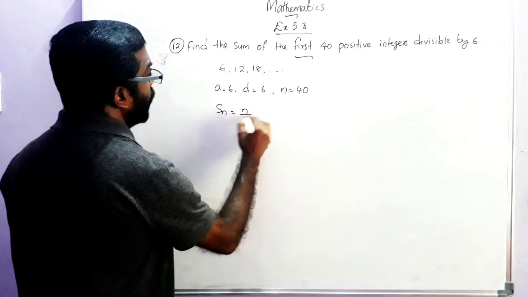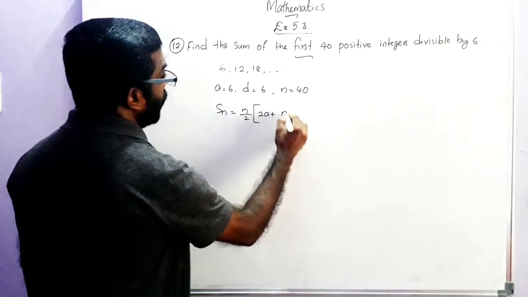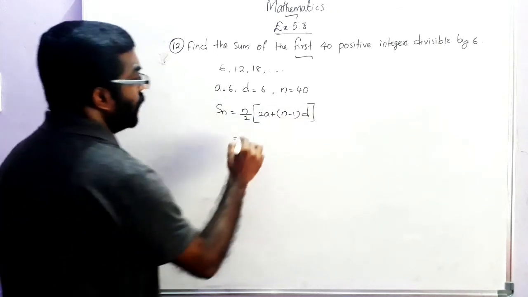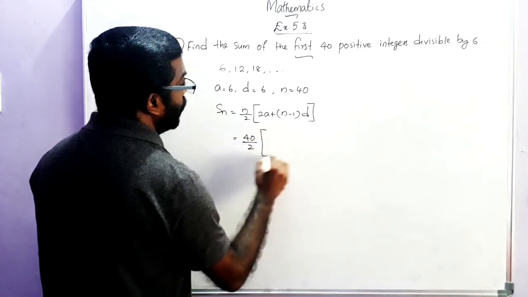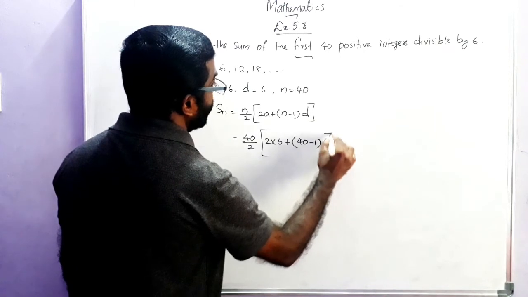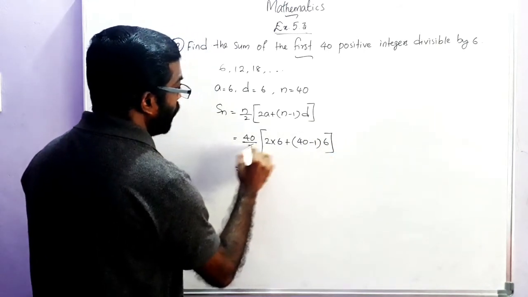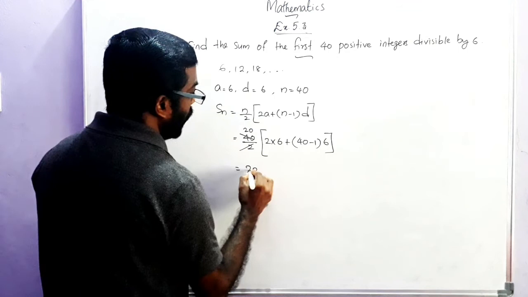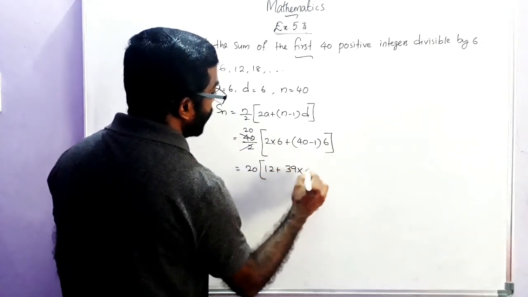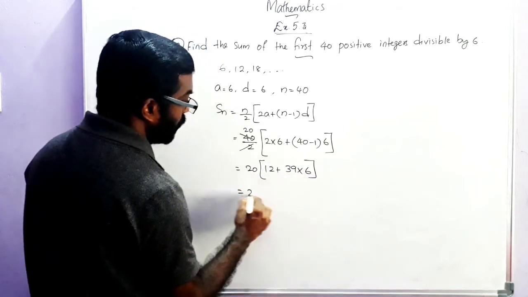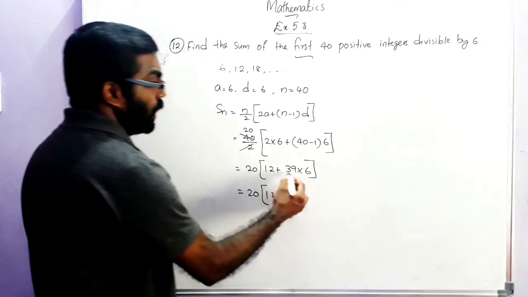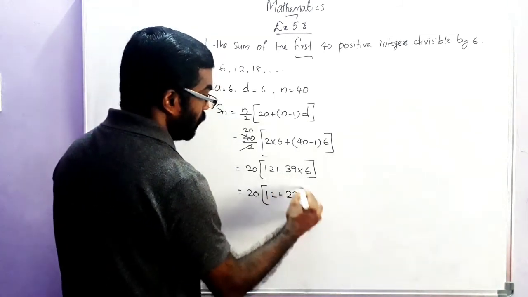Sn is equal to n by 2 into 2A plus n minus 1 into D, which is equal to, n is 40. So 40 by 2 into 2A, 2 into 6 plus 40 minus 1 into 6. That is 2 and 40 we can cancel, 20. So 20 into 2 into 6 is 12, then plus 39 into 6, which is equal to 20 into 12 plus 39 into 6. 39 into 6 is 234.